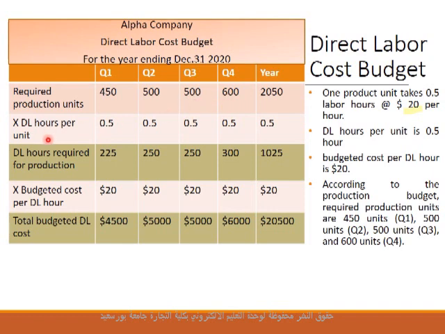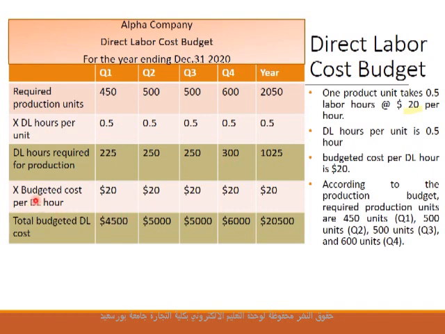This should be multiplied by half an hour direct labor hours per unit. Direct labor hours required for production are 225 hours in the first quarter, 250 hours in the second quarter, 250 hours in the third quarter, and 300 hours in the last quarter.